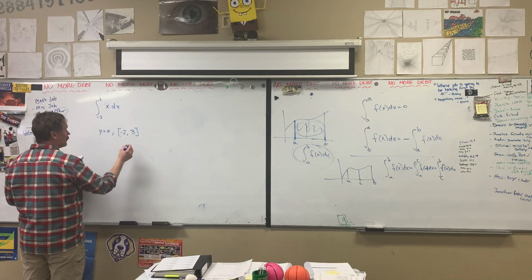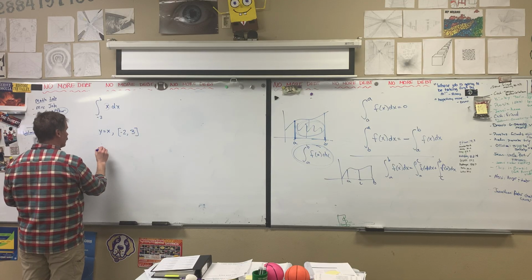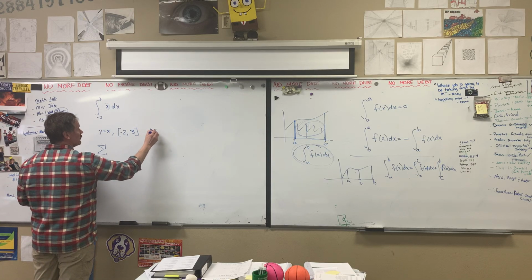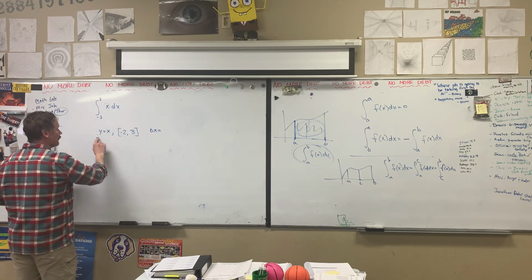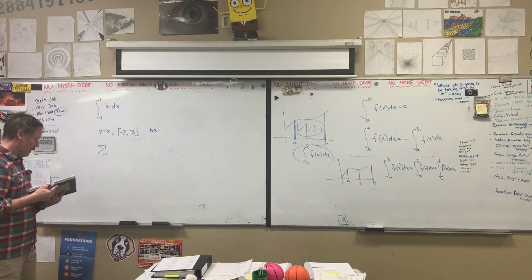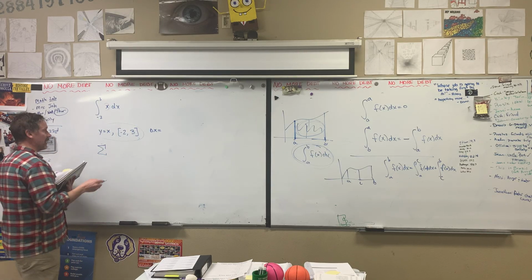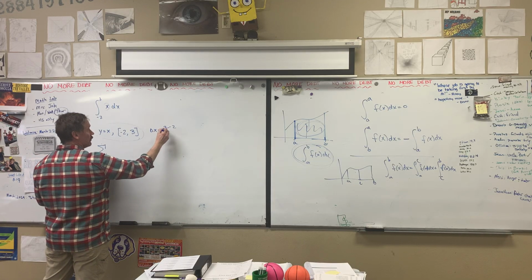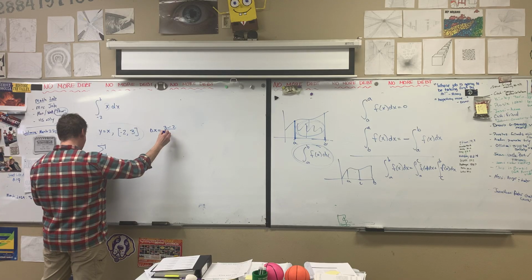So going back to the sigma notation, we ask what is delta x? Delta x is going to be 3 minus -2 all over n.